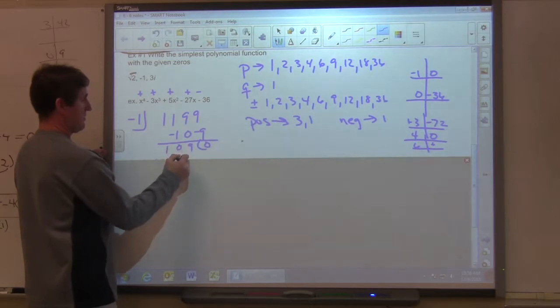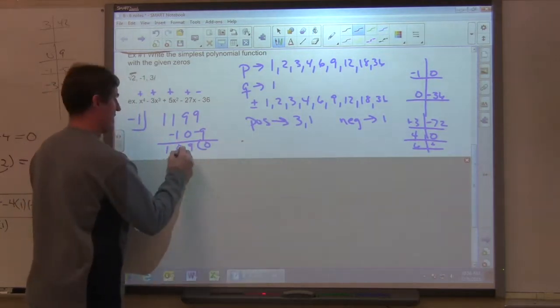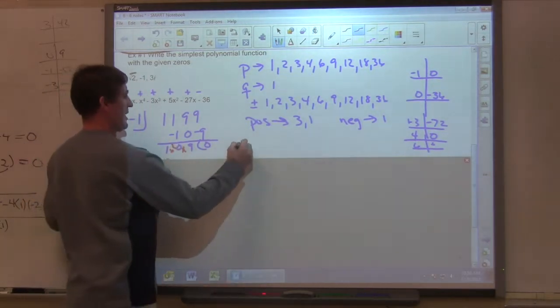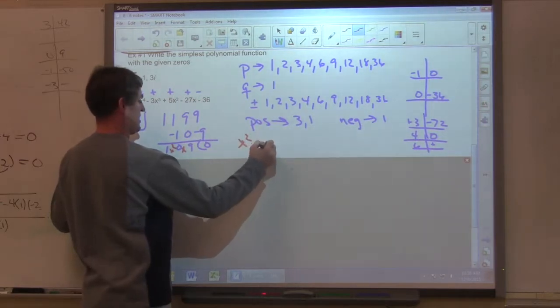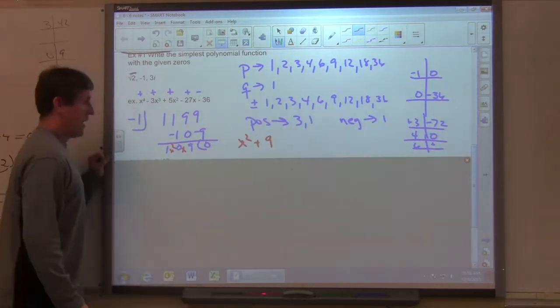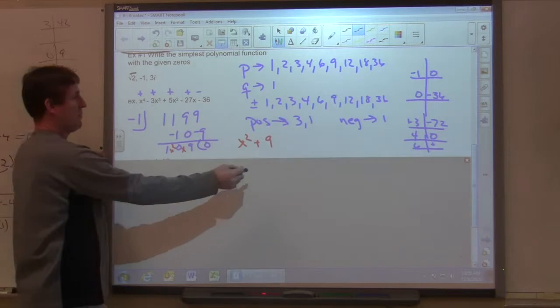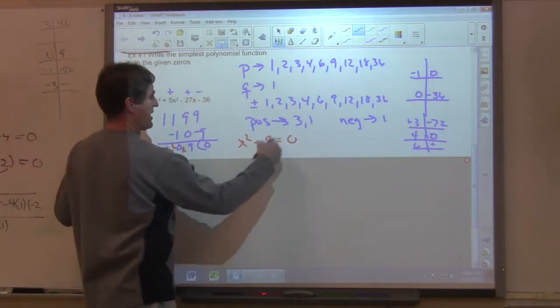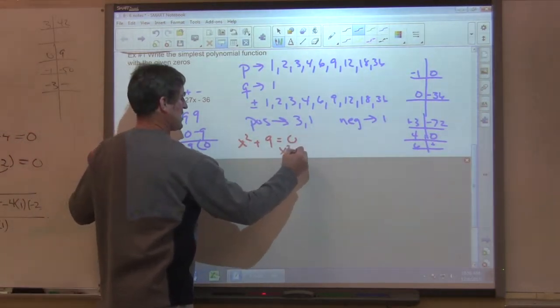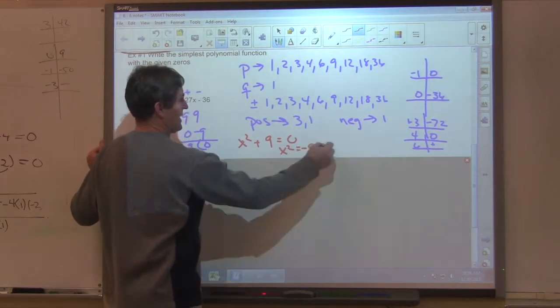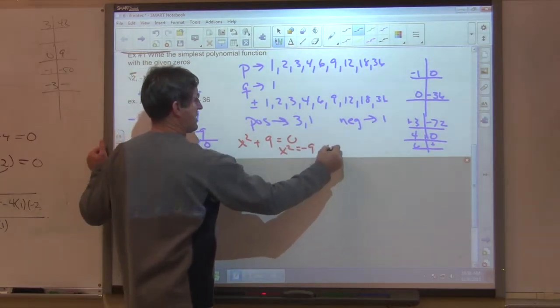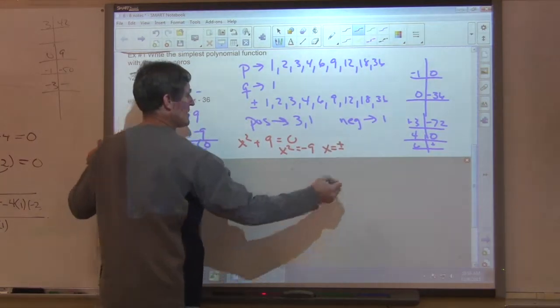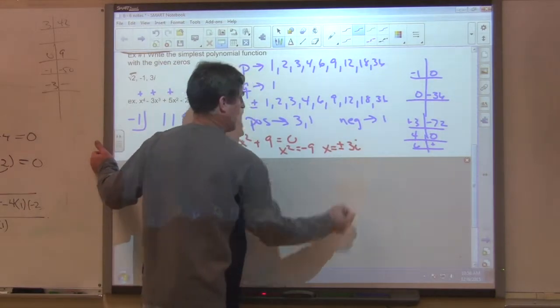Remember, constant, first power. So that's our x and our x squared. So we have x squared plus 9. You could use the quadratic formula here, but this one's pretty easy. Since there's no x, we can just move the 9 over and get x squared equals -9 and take the square root of both sides. So x equals plus or minus 3i.